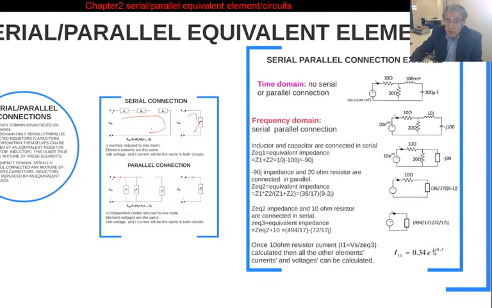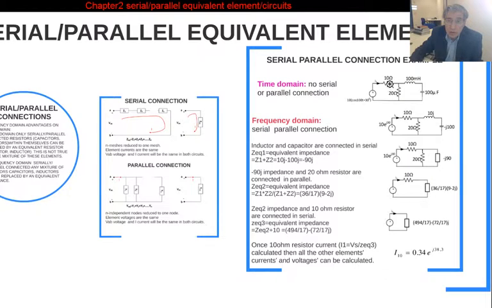How? You find this current phasor. If you multiply it by 10, you get the voltage of this resistor. The independent source voltage phasor minus this voltage gives you the 20 ohm resistor voltage. This resistor voltage phasor over 20 gives you this element's current.